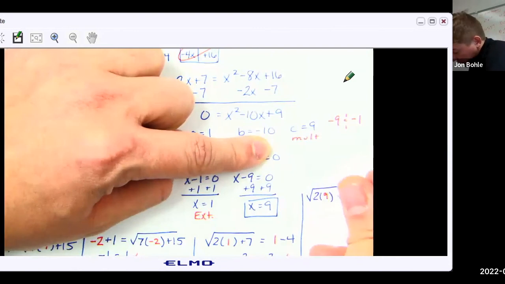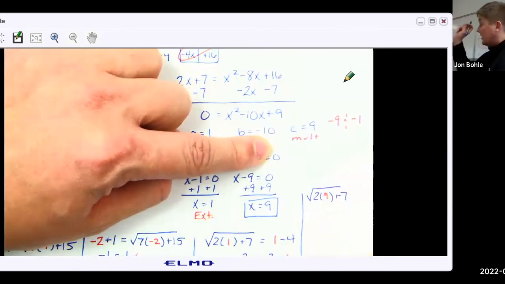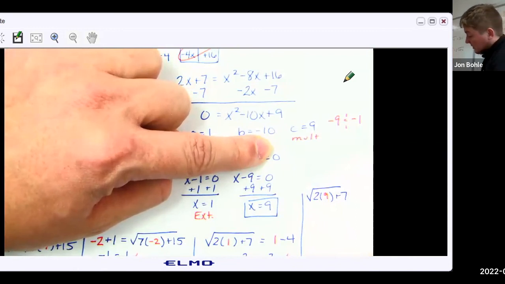You'll just type the equation into y1, the left side of the equation into y1, and the right side of the equation into y2.